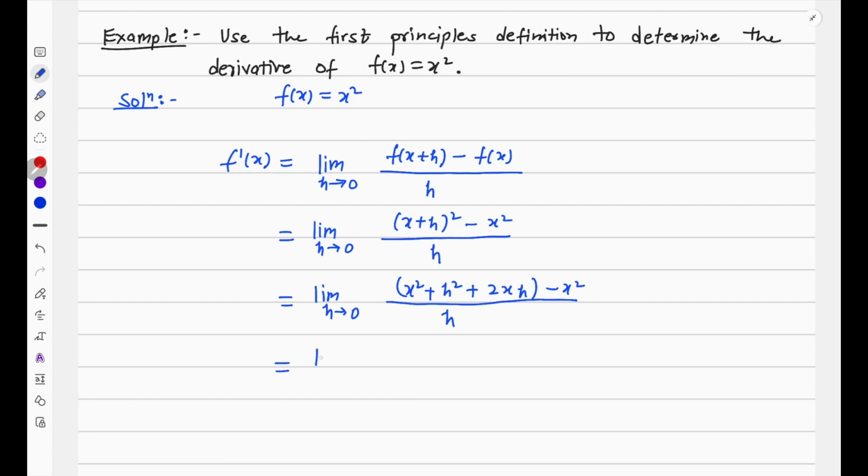It becomes the limit as h approaches 0 of (h square plus 2xh) over h, which becomes, if we take h common, (h plus 2x) over h.